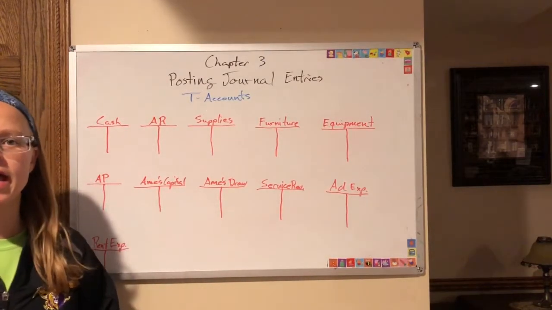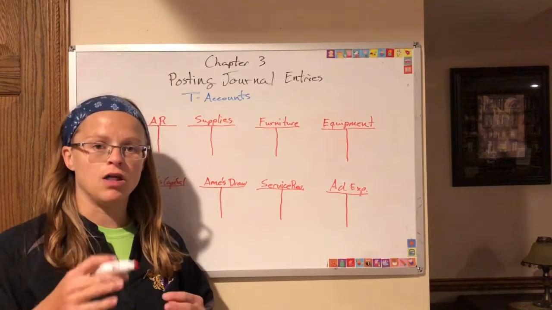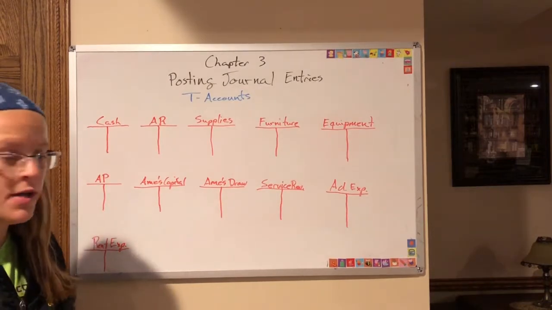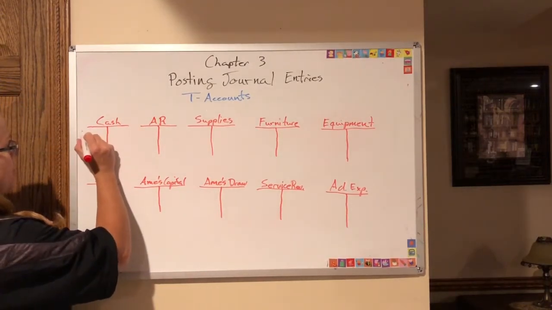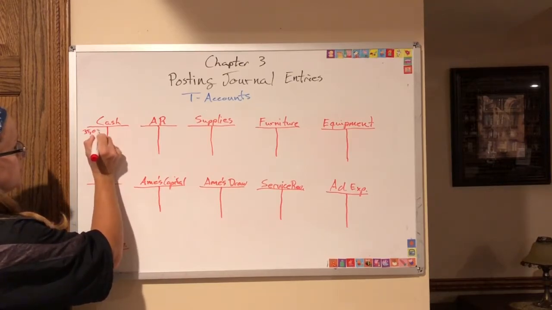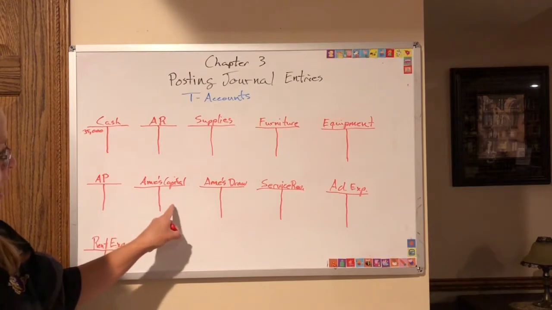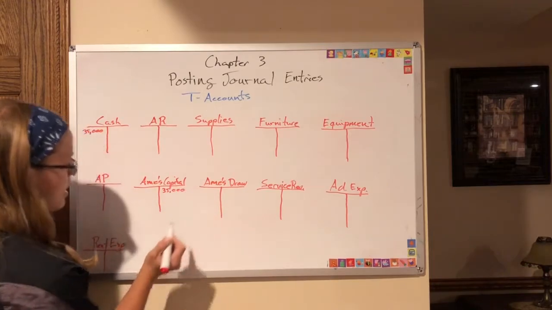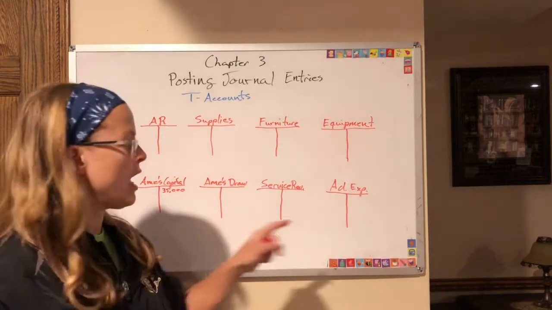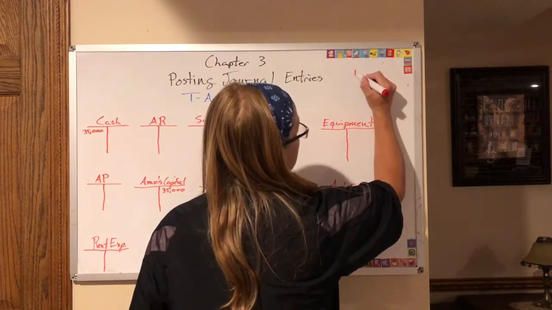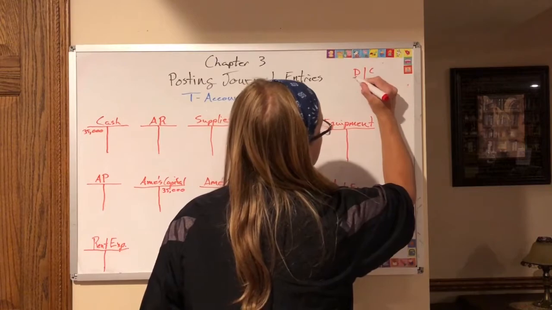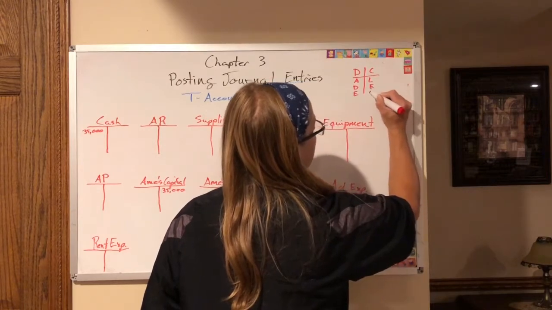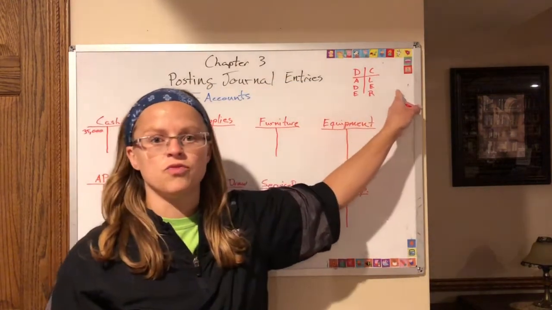If we're looking back at our journal entries from the class story, Ann invested $35,000, so we had $35,000 on the debit side, $35,000 cash, and Ann's capital account is impacted by that, and that would be a credit because equity in its positive form is always a credit.